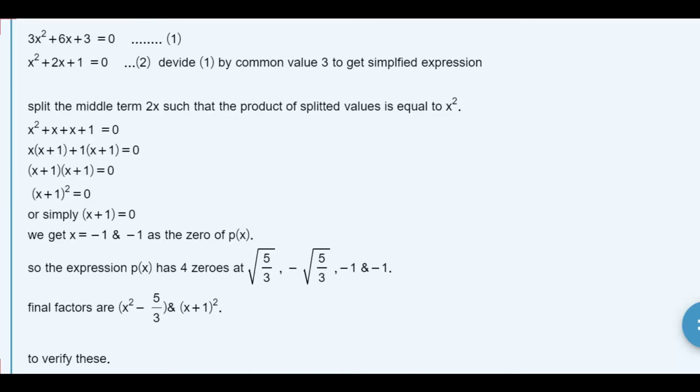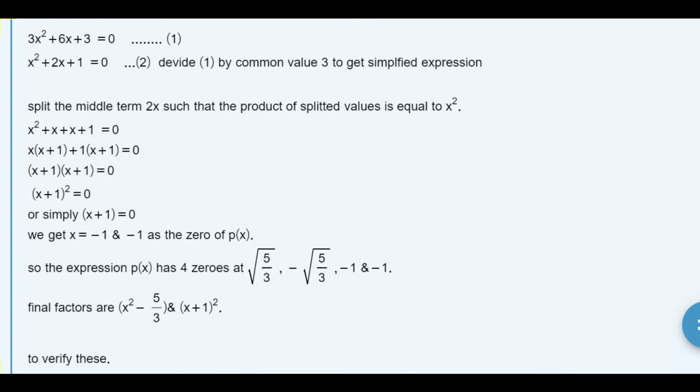So the expression p of x has a total of 4 zeros, one at root 5 by 3, another at minus root 5 by 3, and the other two at minus 1. So the final factors are x square minus 5 by 3 and x plus 1 whole square. These are the final factors.